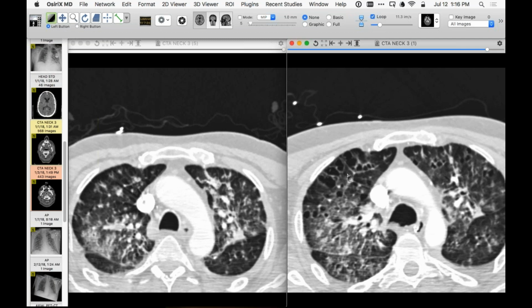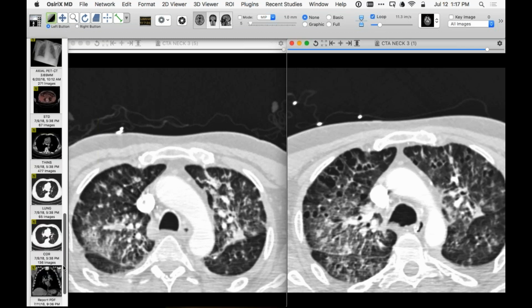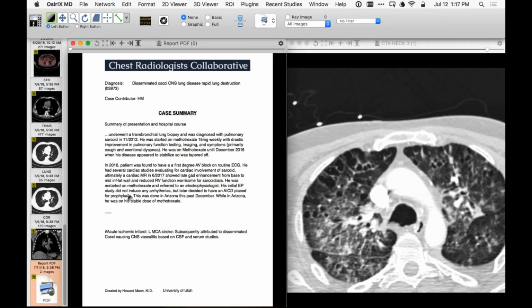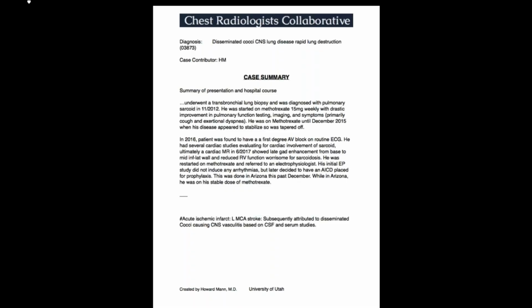At about this time, a bunch of antibodies positive for cocci were discovered in his CSF and in his blood. And the neurofolks started to think he had a vasculitis rather than an ischemic problem in the brain. And then he had a BAL, and now I'll show you the final result because he had a history of travel to Arizona in December. And you can see the history there.